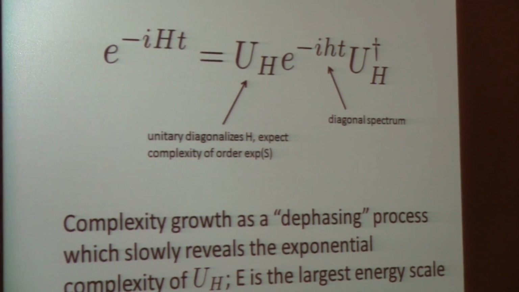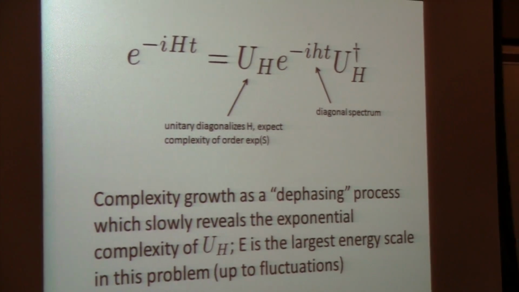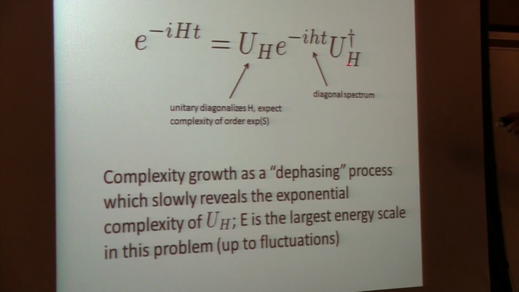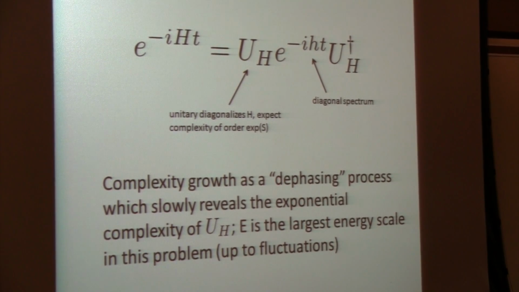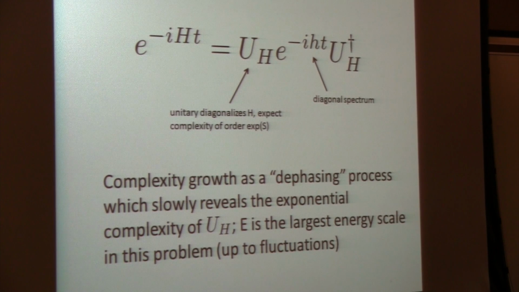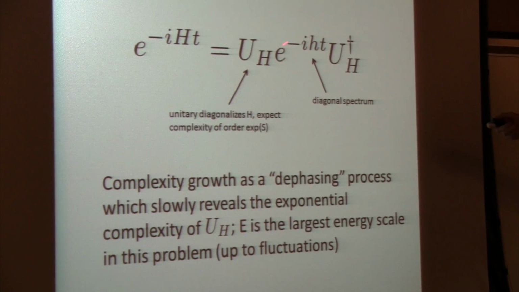And as you evolve in time, there's kind of a dephasing process where the cancellation between these two exponentially complicated unitary transformations is inhibited. It's frustrated as you dephase in the middle here. And so the sort of complexity growth is like a slow revelation of the exponential complexity of this unitary transformation here. That's the idea.